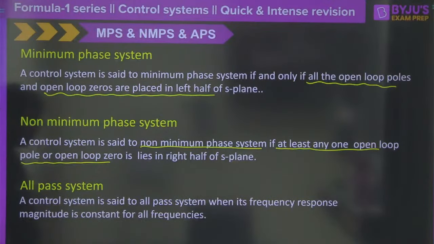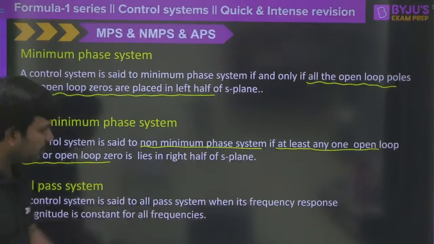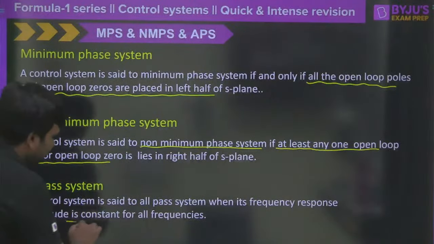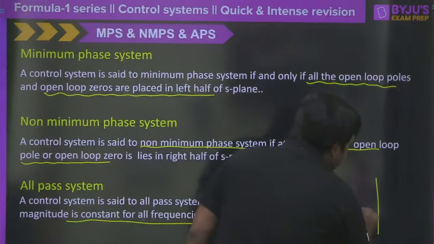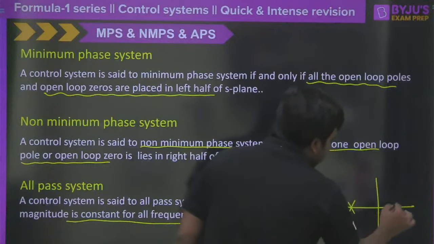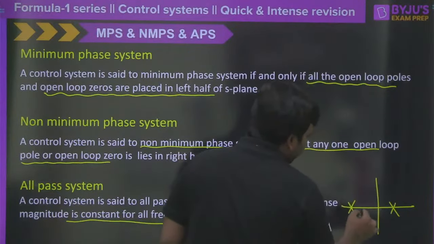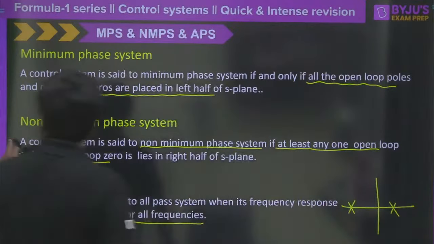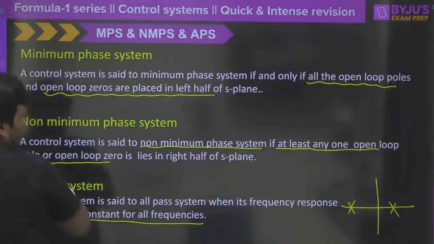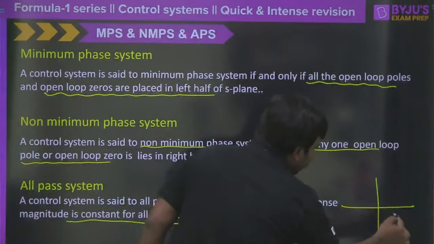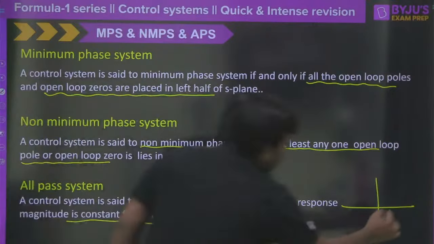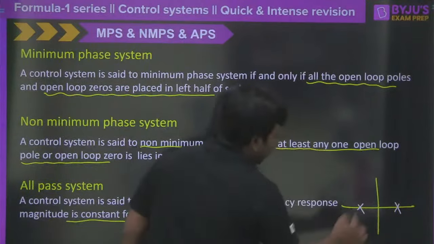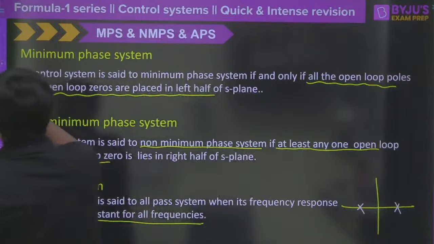An all pass system has symmetrical poles and zeros. A control system is said to be all pass when its frequency response magnitude is constant for all frequencies. Suppose you have a pole-zero plot like this: it is a combination of a minimum phase system and a non-minimum phase system.